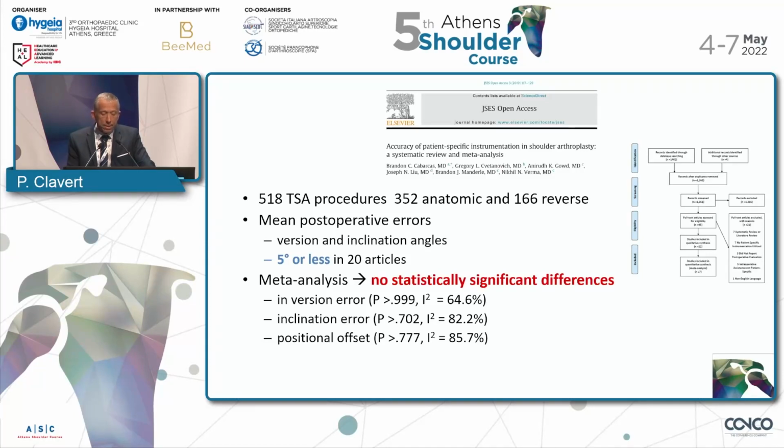The meta-analysis found no statistical difference between the PSI and the standard instrumentation for correcting version, inclination, and positional offsets. And if you consider these 5 degrees, we don't know what the long-term clinical benefits are of correcting or having a difference of 5 degrees.